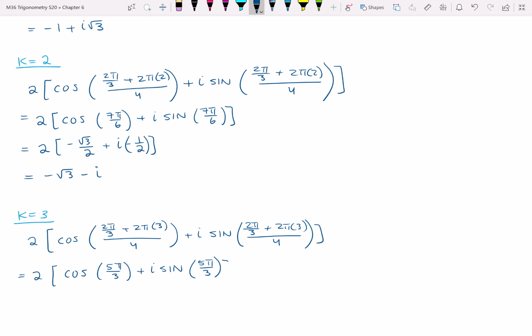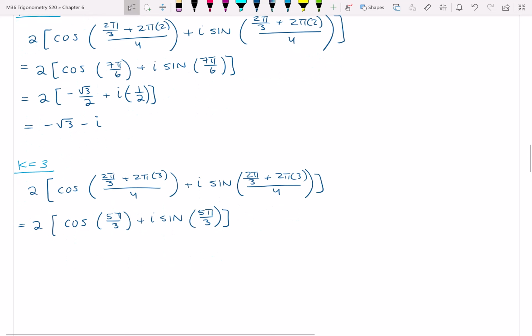Simplify this a little bit, cosine of 5 pi over 3 is 1/2, and then sine of 5 pi over 3 is negative square root of 3 over 2. So again, if we simplify that, we get 1 minus the square root of 3 times I. So we have our 4 different roots.